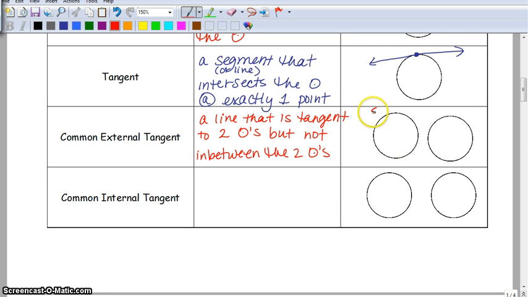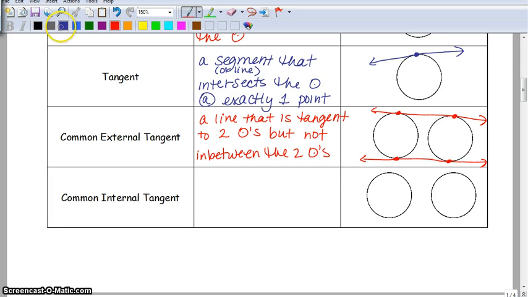I would draw one on top, for example. And again, thinking about shooting that arrow, it would skim both circles just one time each. That's a common external tangent. I could draw another one on the bottom of it as well, but those are the only two external tangents that these have, because if you were to start tilting that line at all, it would end up intersecting one of those circles more than once.